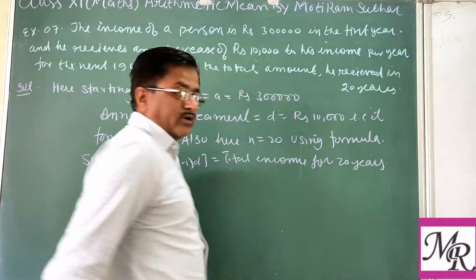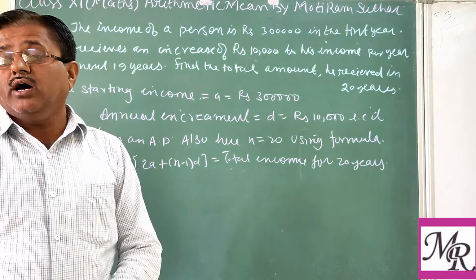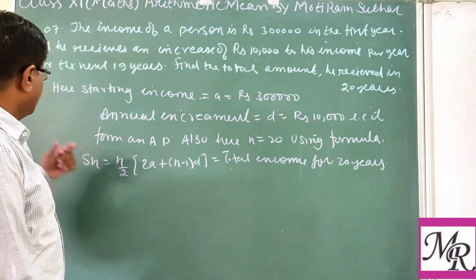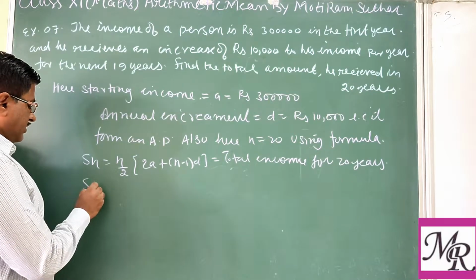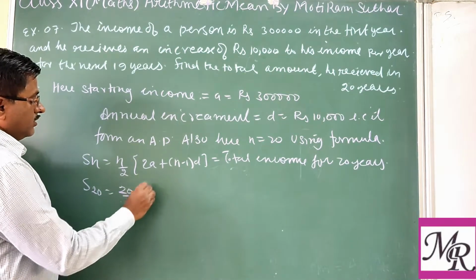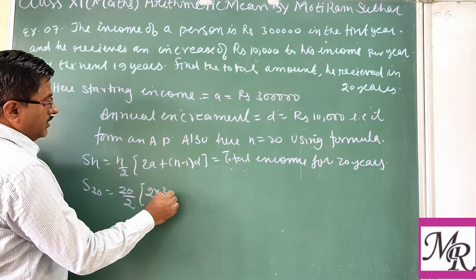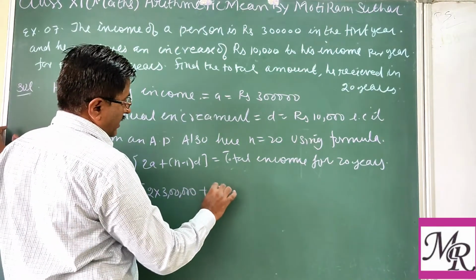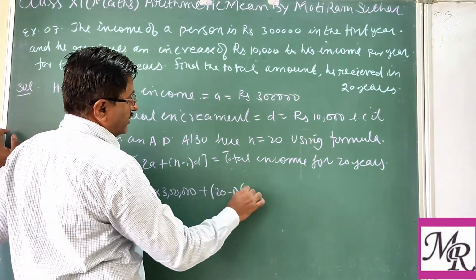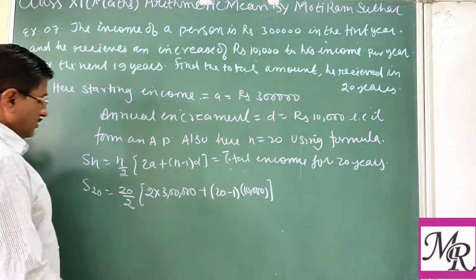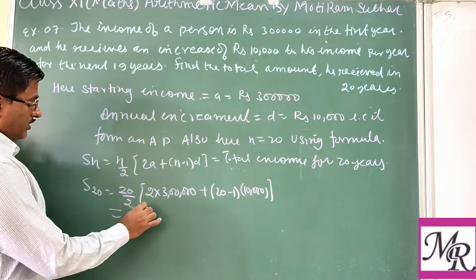We want to find the total, that's why we are using the sum formula. So put n as 20, 2 into the first year 3 lakh, plus n again 20 minus 1 into 10,000. You can easily solve this.